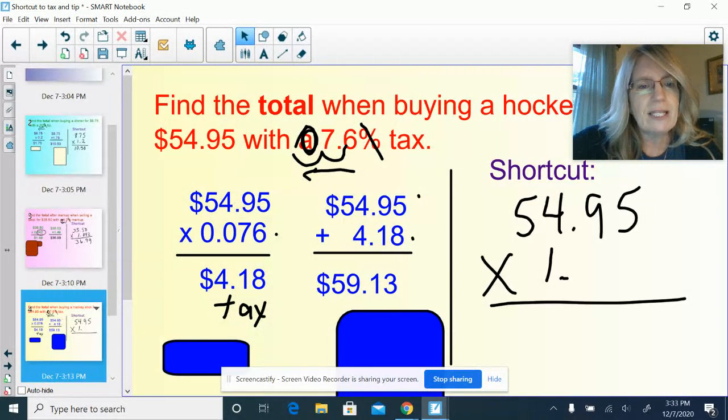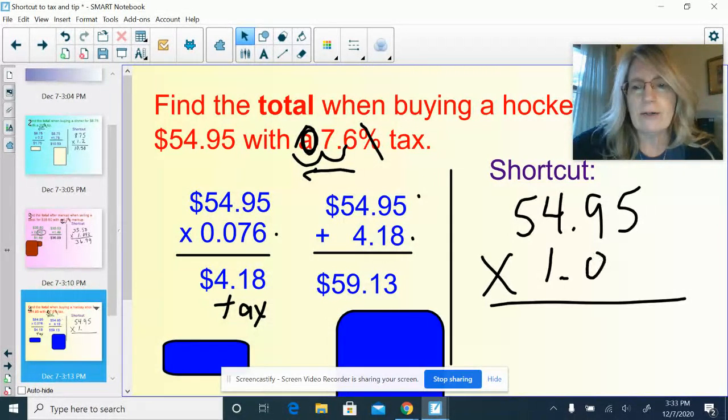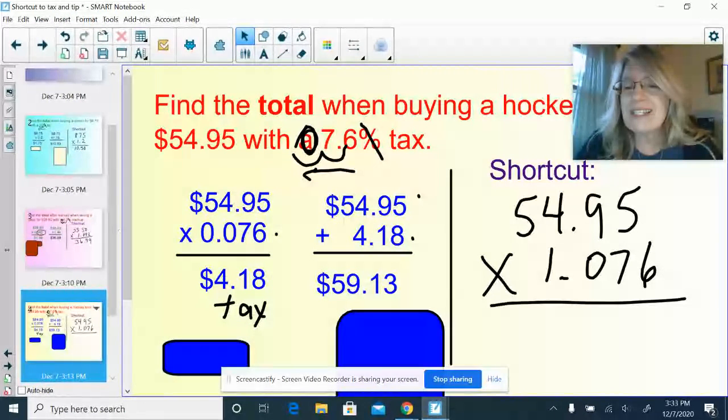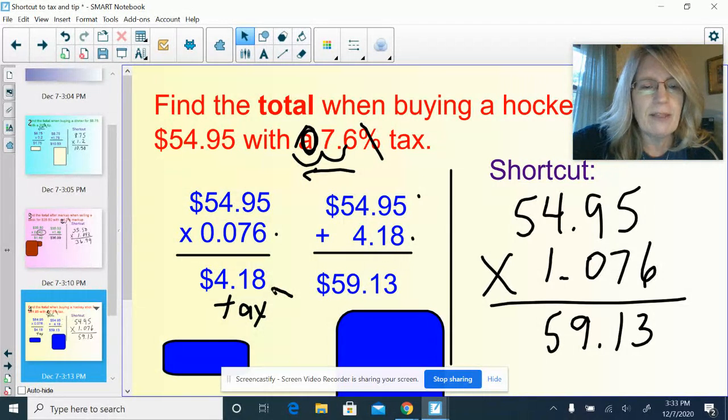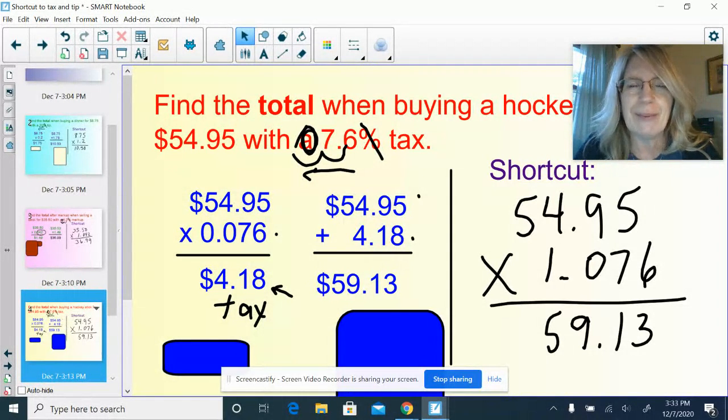And then go back and take the tax, 0.076. Go ahead and multiply those on your calculator, and you should get the same thing, $59.13. Hey guys, if anybody gets $59.12, I rounded this one up. I think this was the example that I had to round up. And so if you got 12 cents, that's okay.